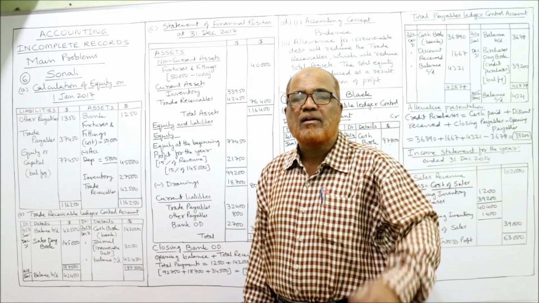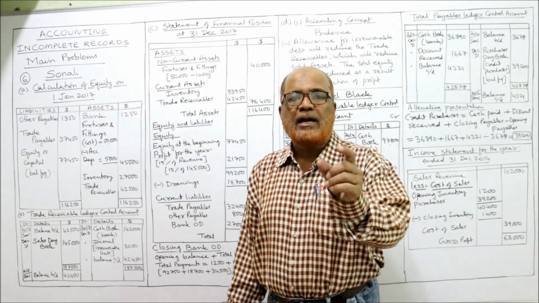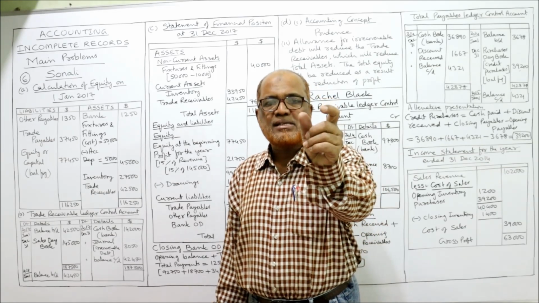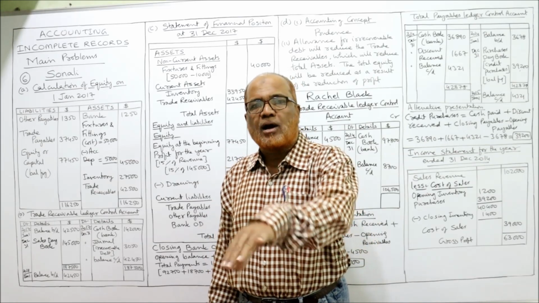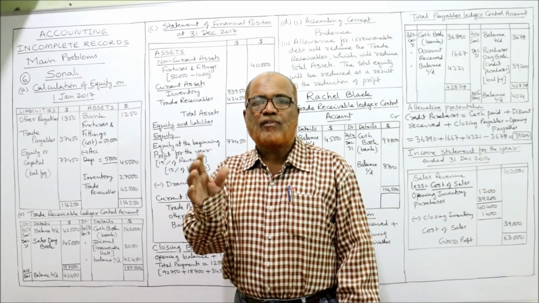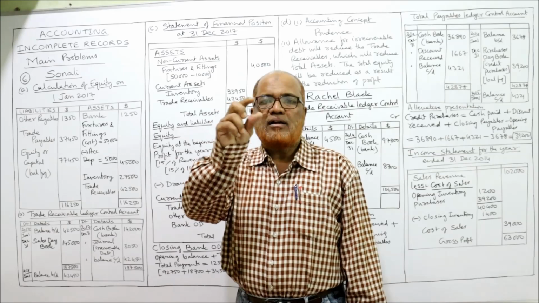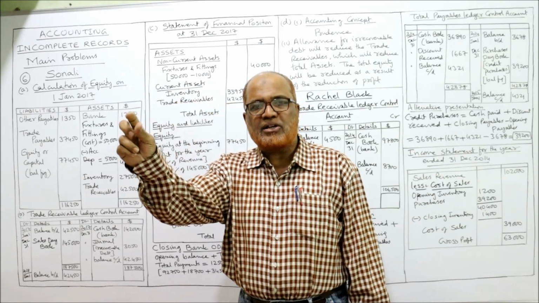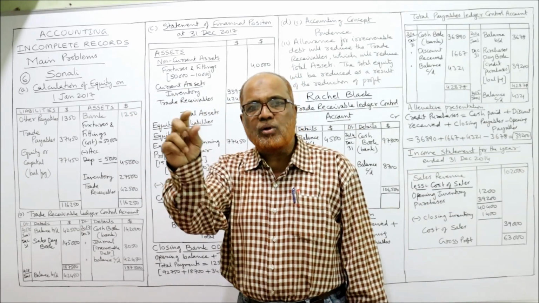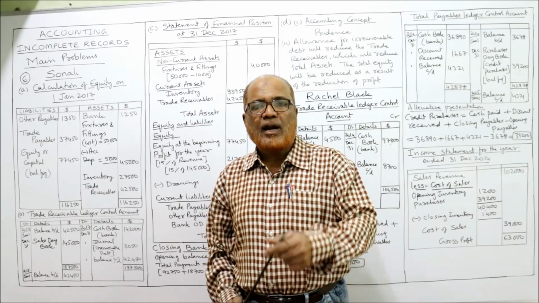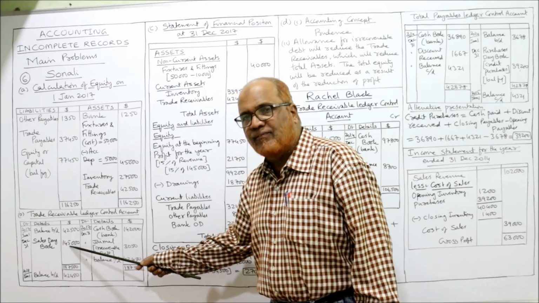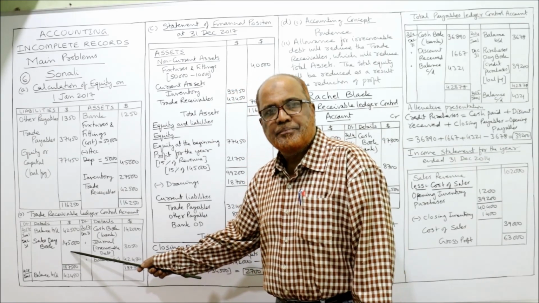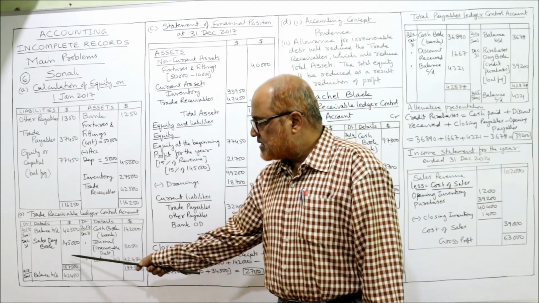The entry for sales is trade receivables account debit, sales account credit. So on the debit side, sales day book 1,45,000, given in the problem. Sales over.